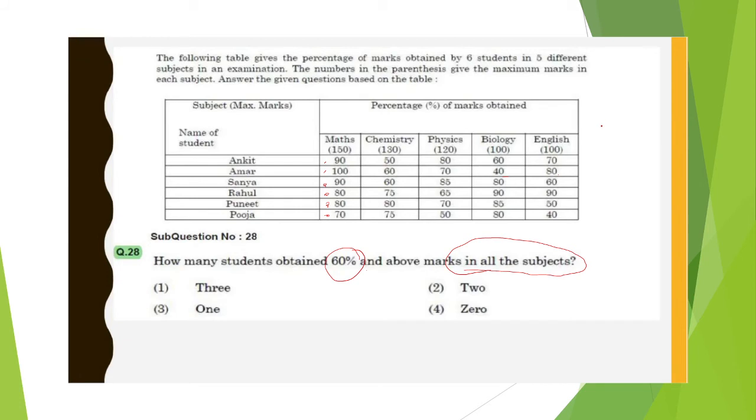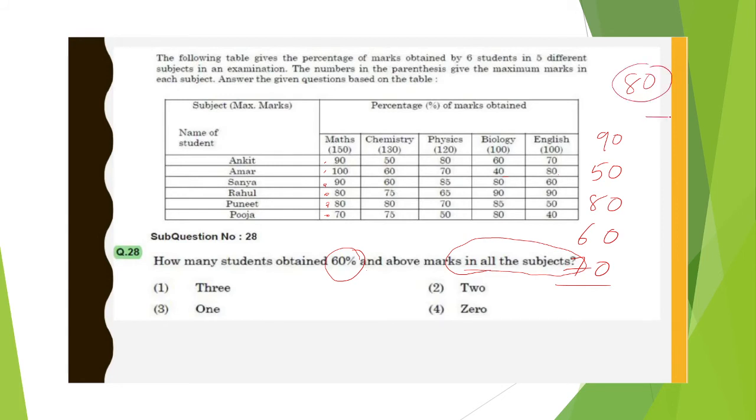First of all, I will tell how to do average. Suppose we take Ankit having 90, 50, 80, 60, 70. First of all, we have to take the common, very middle number. Here we can take 80 as the average.